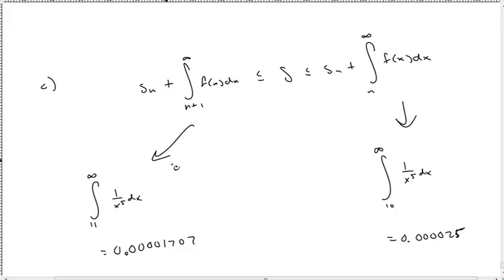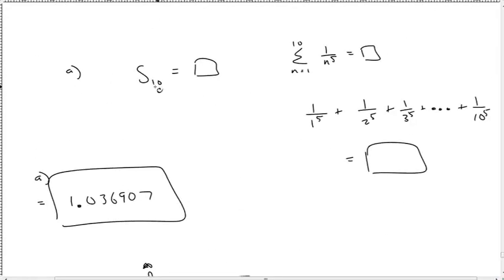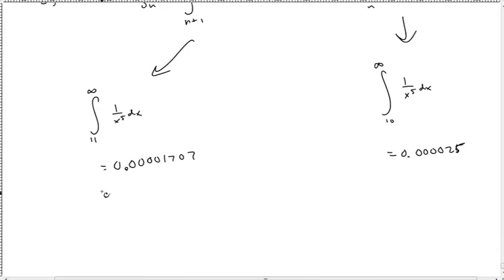This S sub n part is actually from part A, right there. This is S sub n, or S10, whatever. And so we already have those numbers as well. So I'm going to say my original part A answer, 1.036907.